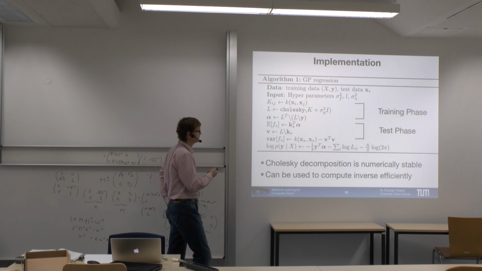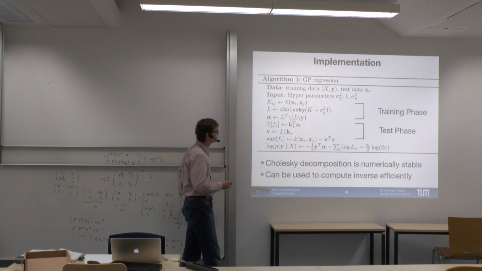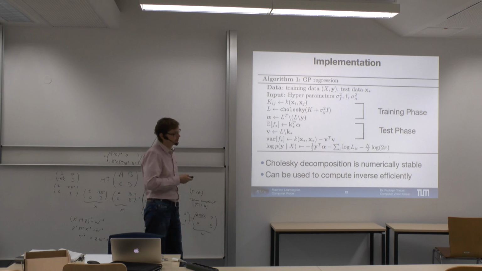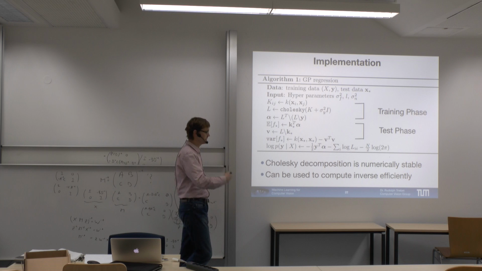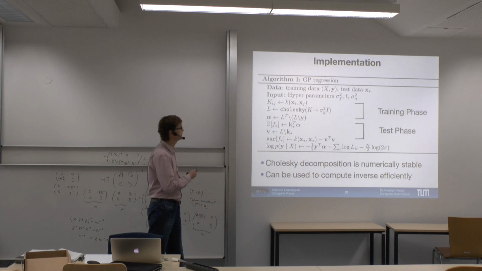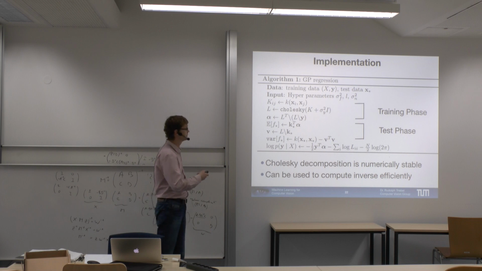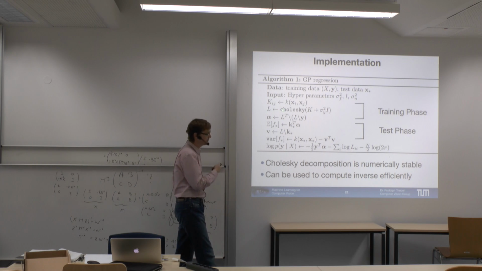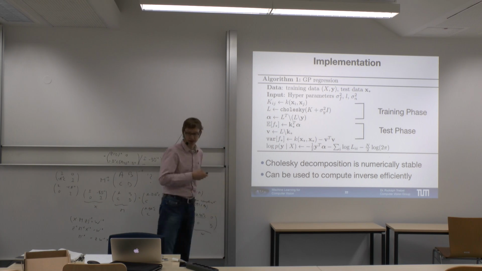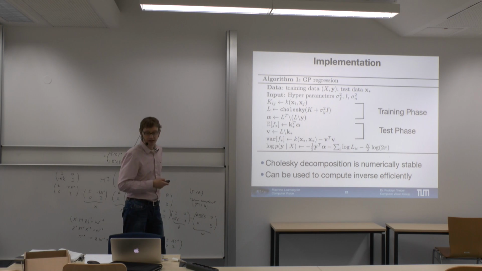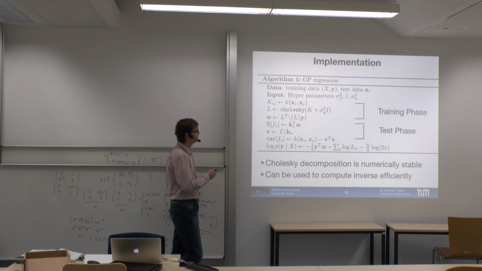The reason for Cholesky is that it's numerically more stable, and it has other advantages because we can also use it in an incremental step. There's an incremental version of the GP where you can pre-compute the Cholesky matrix L and then add new data points to it and only do rank 1 updates to this Cholesky matrix. But it's not a topic of this class today, but in general, this is the way of doing it, right?